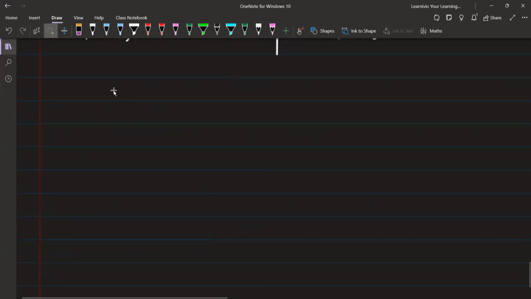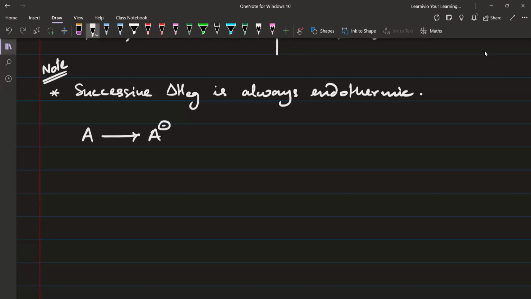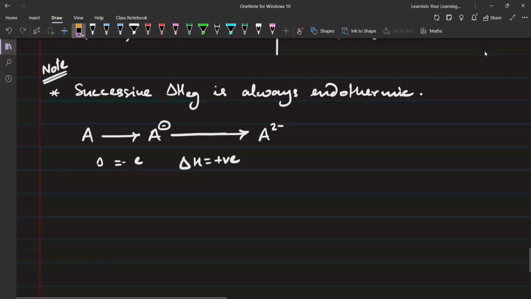Before moving to electronegativity there is a note, please write a note. Pay attention, what is the note? Successive delta H eg is always endothermic. What does this mean? For example, if you have some element A and you add one electron to get A negative, this process will have a negative delta H, meaning energy will be released. Once you add one more electron to make it A two negative, the delta H is going to be positive, because when you add an electron to an already negatively charged anion, the anion is going to repel it.